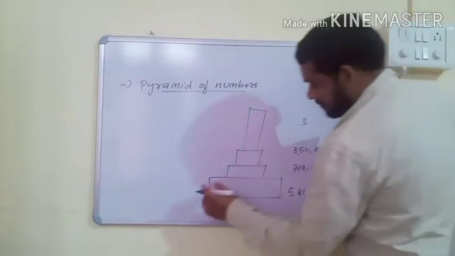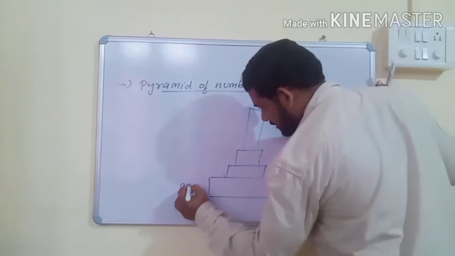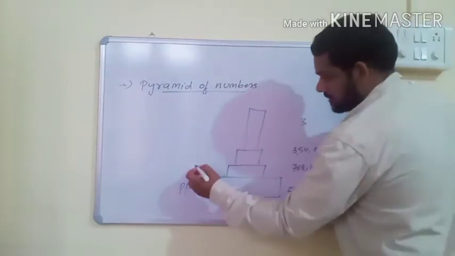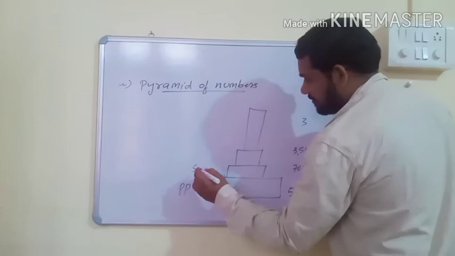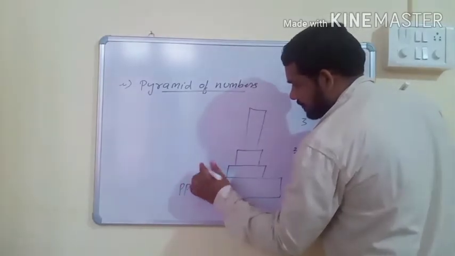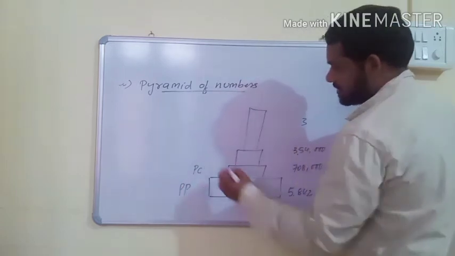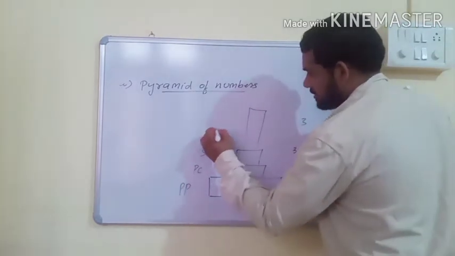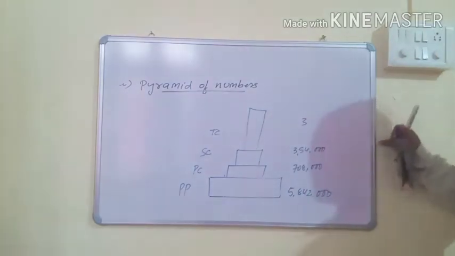Producers usually occupy the base, primary producers, then primary consumers, secondary consumers, and tertiary consumers. So this is the pyramid of number.